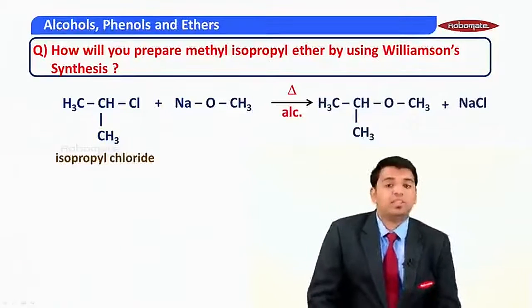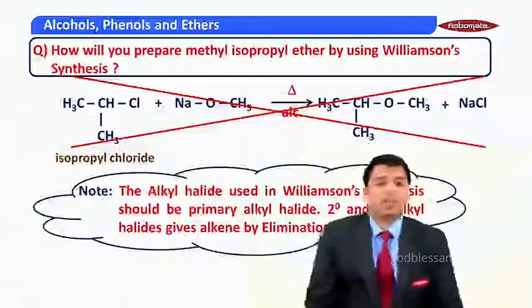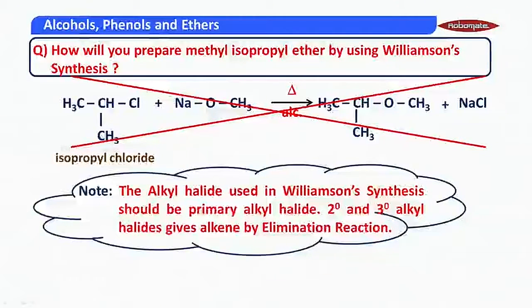But this answer is completely wrong, because we have just learned that the alkyl halide used in Williamson's synthesis has to be a primary alkyl halide and not secondary or tertiary, because 2 degree and 3 degree alkyl halides give alkenes by elimination reaction instead of undergoing substitution reaction.